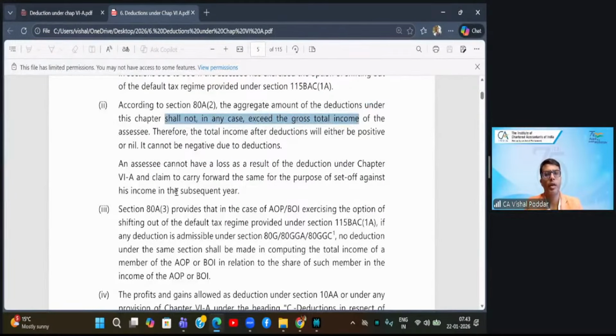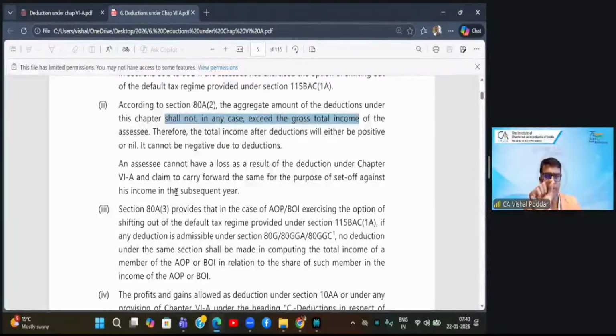Now, this point I would like to explain in a bit of detail because this is important. So for this, let us take a simple example. Pay attention to what I'm saying. You have salary of rupees 12 lakhs, house property rupees 4 lakhs, and interest rupees 2 lakhs.